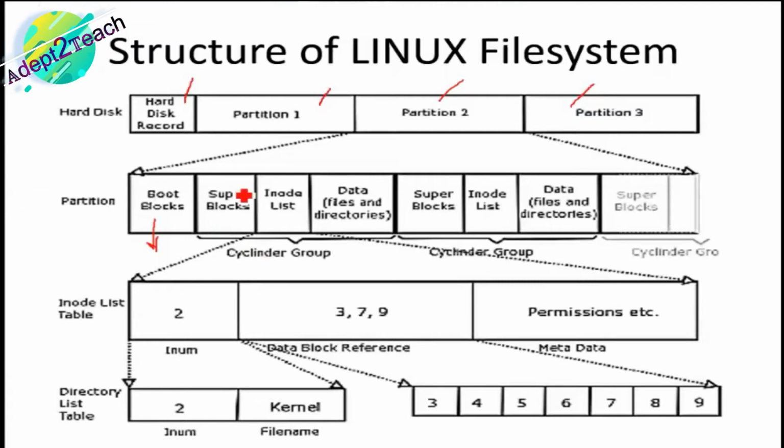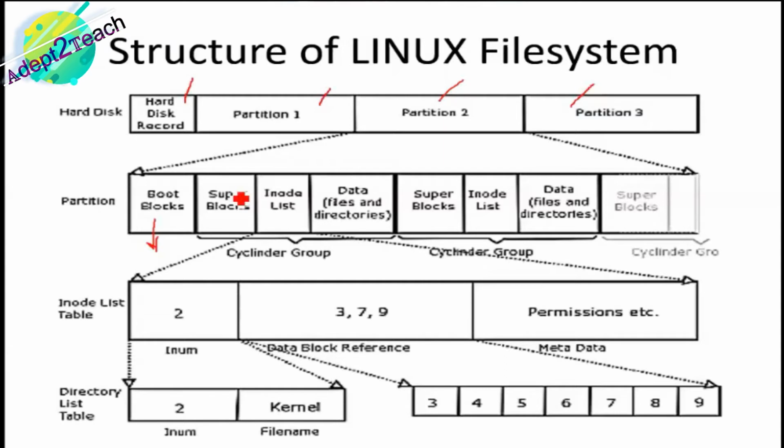Second is your super block. Now, the super block stores the entire architecture of your file system, the permissions of the file, inode numbering, its index, whatever files and locations are free, whatever unique numbers are available to give, whatever space has been occupied, which space is free, and what the maximum data size can be.